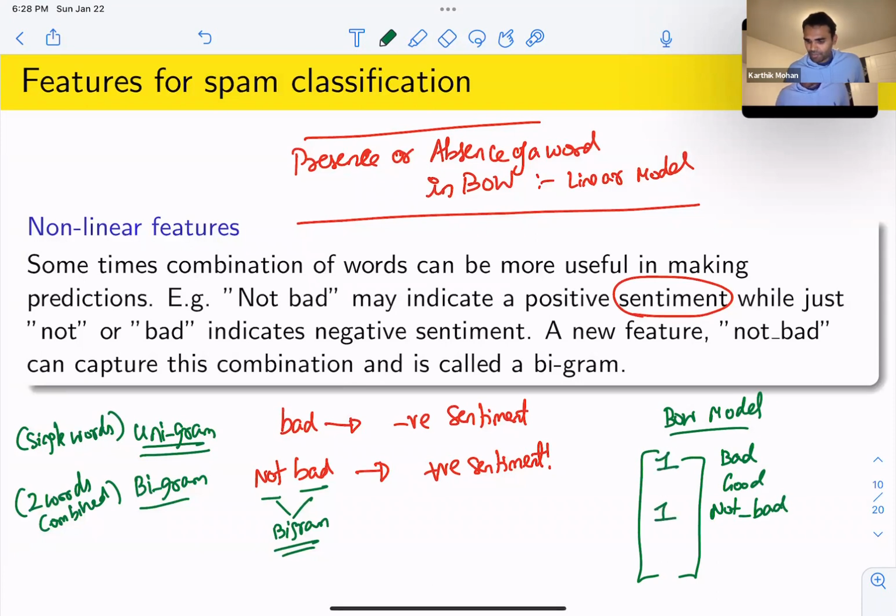I'm going to have one for bad as well, because bad as a word is present in the sentence, but not bad is also present. And this is a non-linear feature that is actually telling me more about what's going on in terms of sentiment in the sentence. So for sentiment analysis, using nonlinear features such as bigrams is very useful.